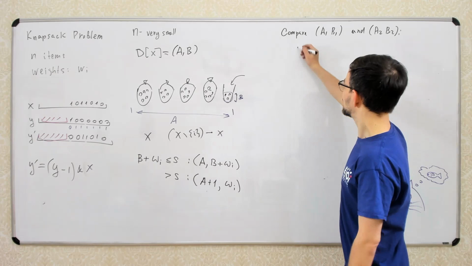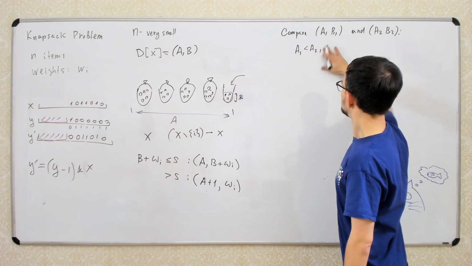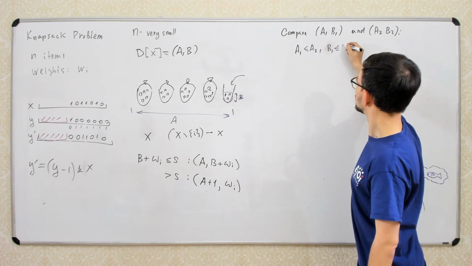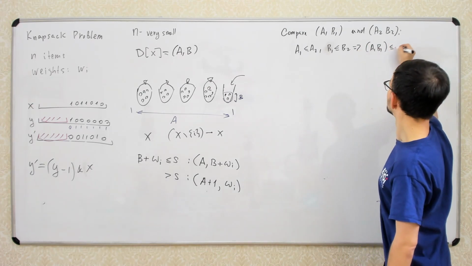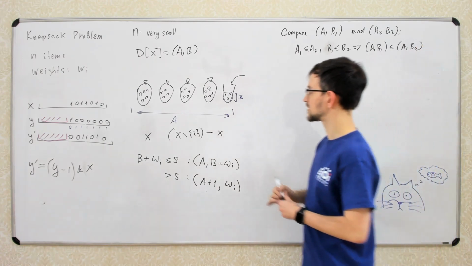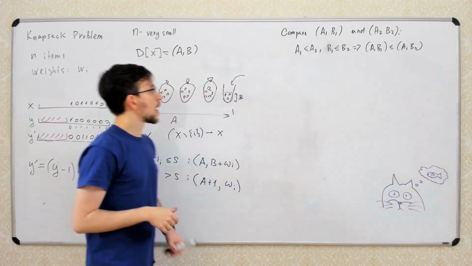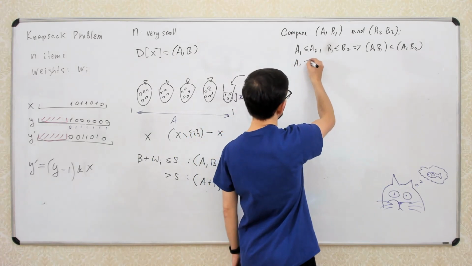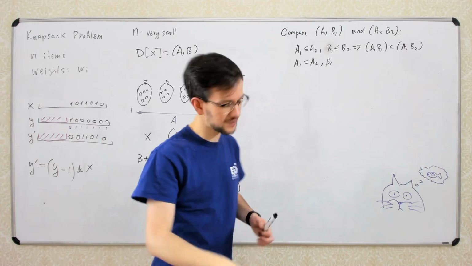So if A1 is less than A2 and B1 is less than or equal to B2, then obviously this situation is better. We have fewer knapsacks and less in the last knapsack.